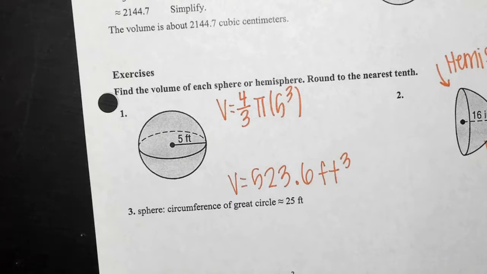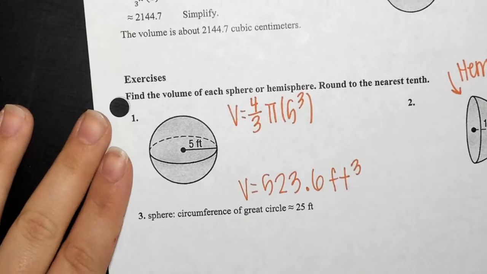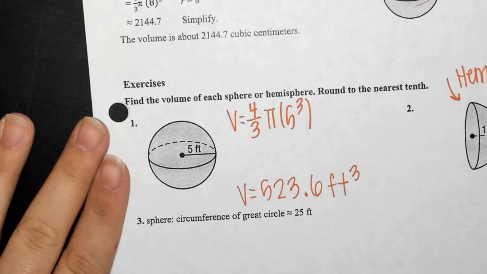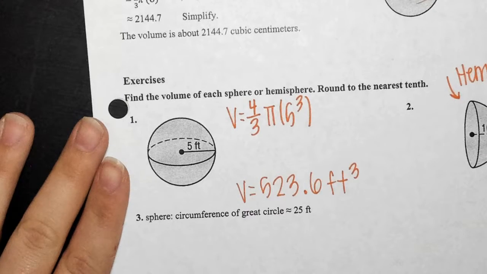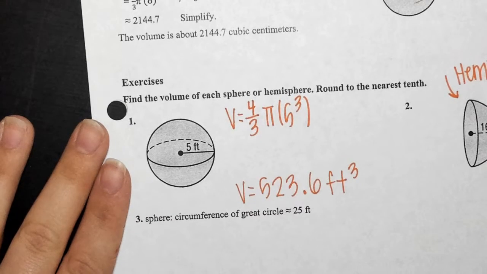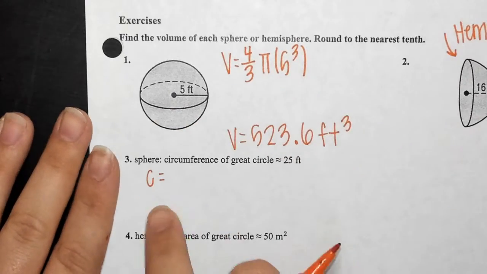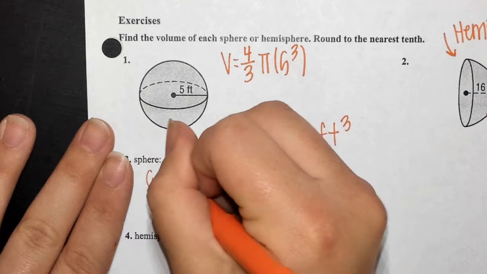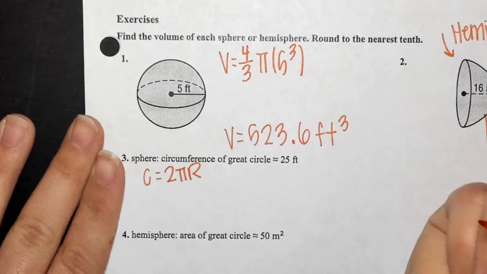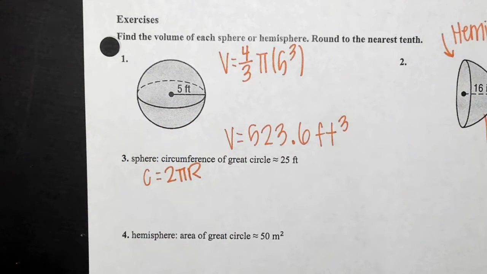Yeah. Or you could do, if I want the radius, you're right. But if I want the radius, I need to get the diameter, you have to do radius times 2, right? So to use my formula to get radius, circumference is equal to 2 pi r, which is the same thing as pi d.